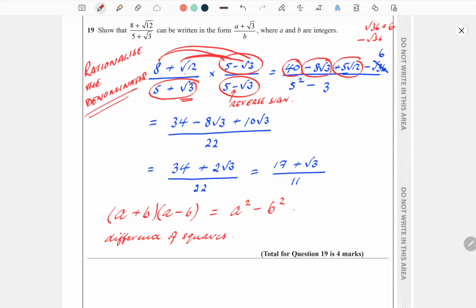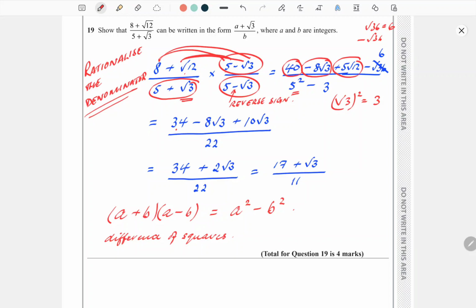Please make sure you know this because this will come up and it is a common rule that you're expected to know. So what happens is when you have the two things multiplying, 5 plus root 3, 5 minus root 3, you do 5 squared, and then you do root 3 squared, and that's just 3. When you tidy everything else up, you have 40 minus 6, that's 34.